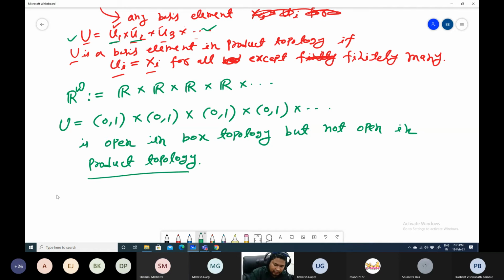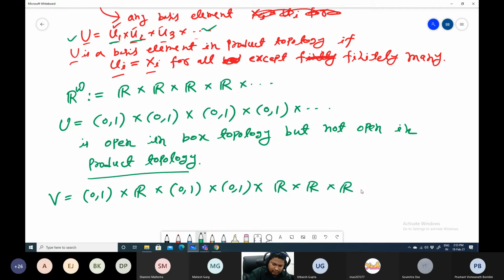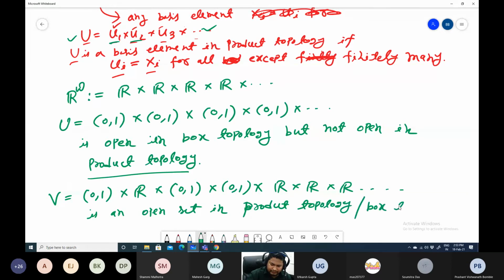Now what will be an open set in the product topology? This type of element: (0, 1), say (0, 1), (0, 1), and say the remaining all are R. Now this is an open set in the product topology as well as the box topology, or it is the same, that basis element.